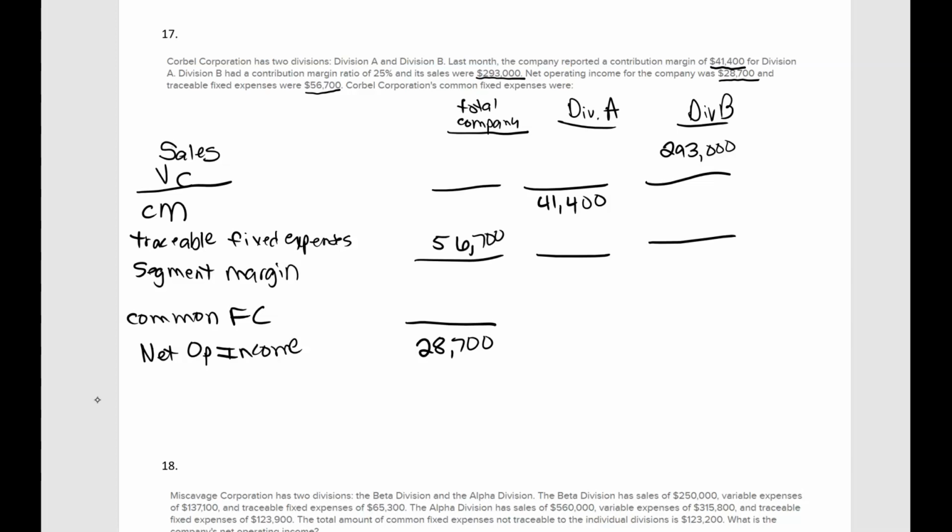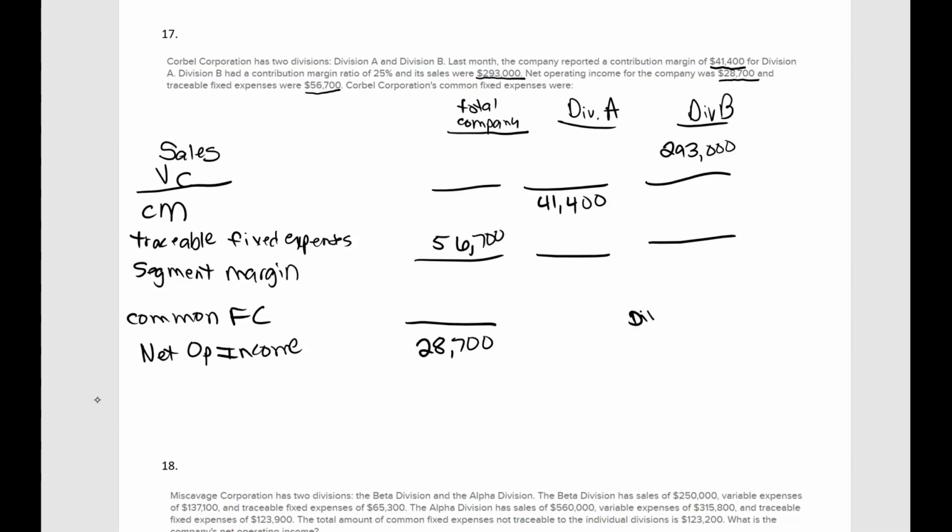Now we have the 41,000, the 28,700, the 293,000, the 56,700.